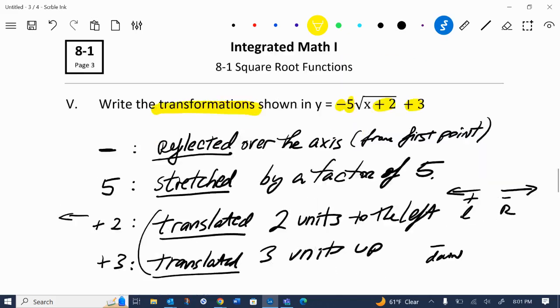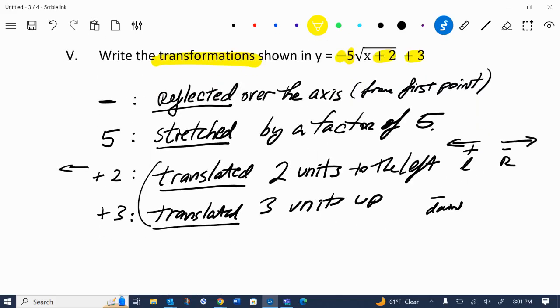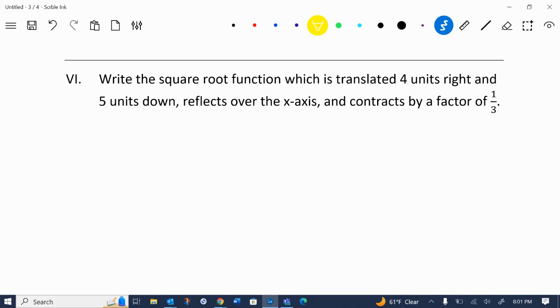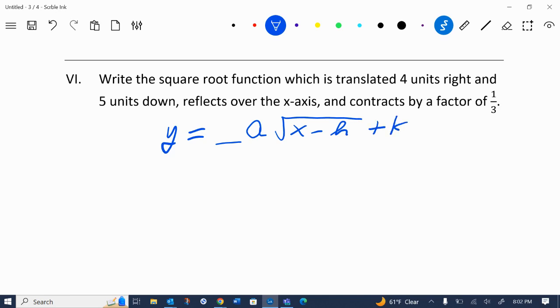Okay, now the opposite. What we just did was take all these things out of the equation. On this one, we have to put all these things into the equation. And here's the basic equation. Y equals a possible plus or minus, and then what we would call a, which is that multiplier, and then the square root of x minus h plus k.